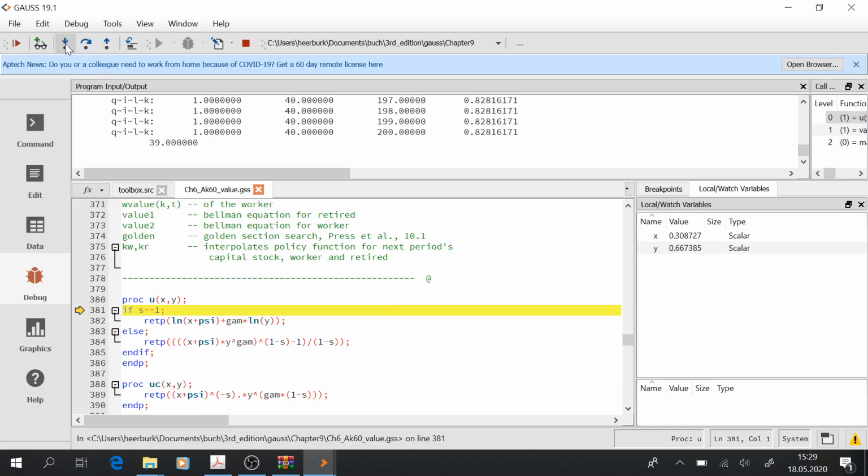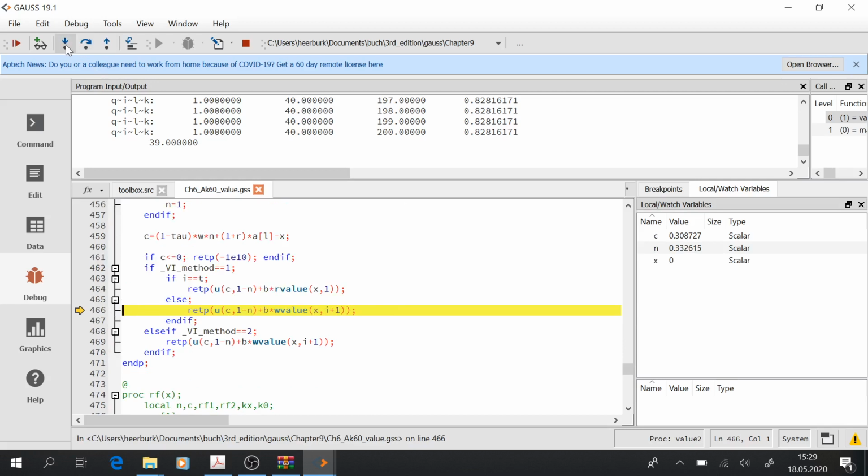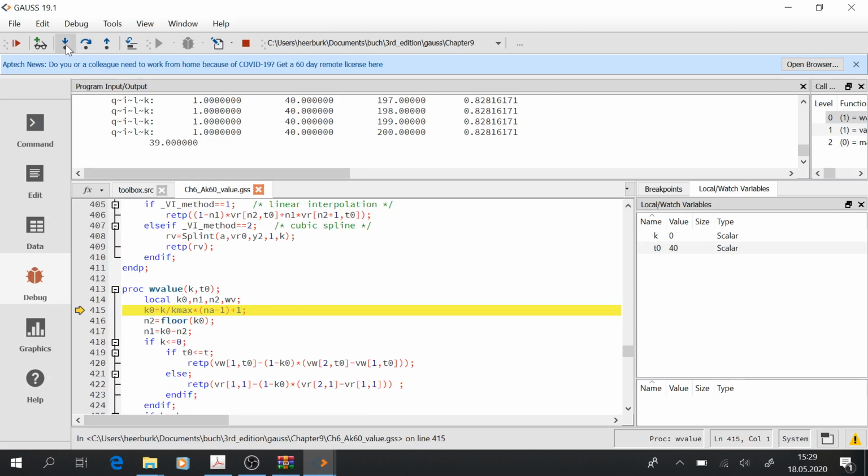So we compute first the utility here, and next we compute the value of the worker's value function with capital stock 0 and at age 40. So we are at age 39 right now. In the Bellman equation, we have to look up the value of the value function at age 40.